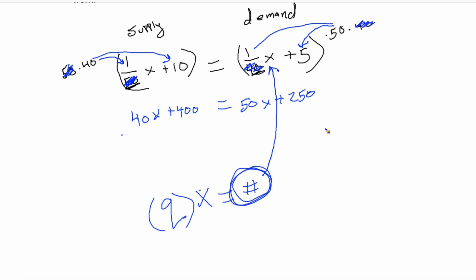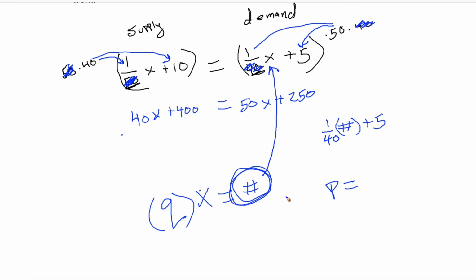So then you would have 1 over 40 times whatever number you got plus 5, and then multiply that out, and then you're going to get p equals something. So you can look at the graph and double check your work. You'll be able to see right where they cross. But that is how you do number 2.